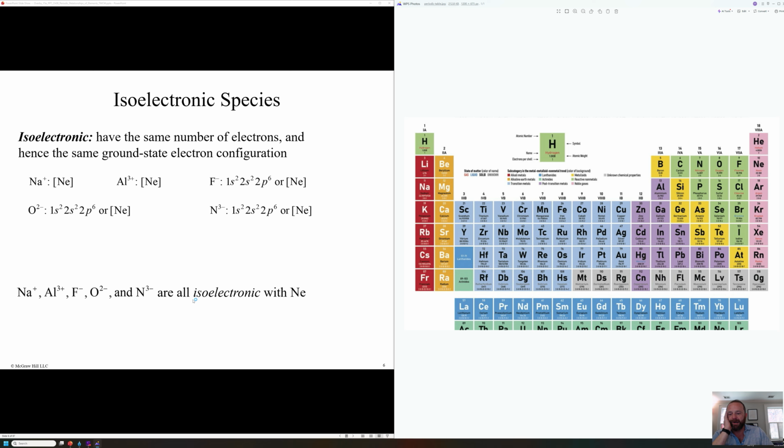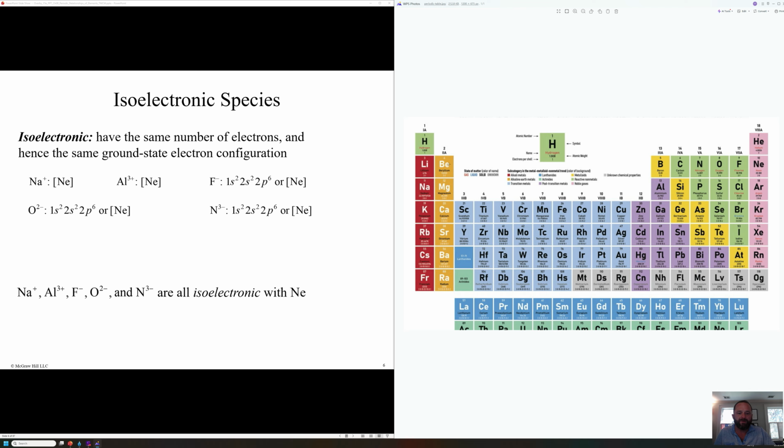So these are all isoelectronic with neon. Chloride anion is isoelectronic with argon. Bromide, negative, is isoelectronic with krypton. And then these guys over here, they prefer to lose electrons. So lithium 1 plus is isoelectronic with helium.